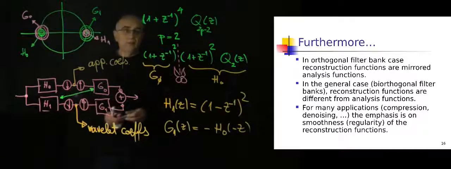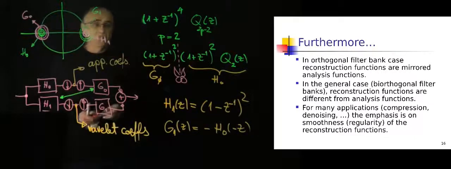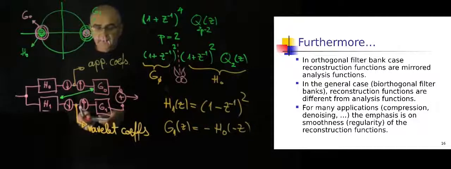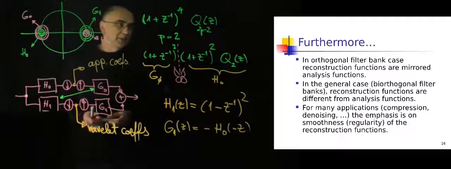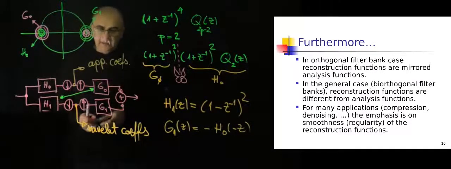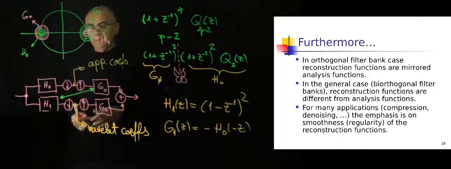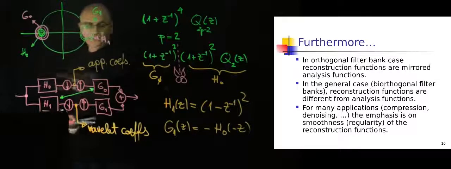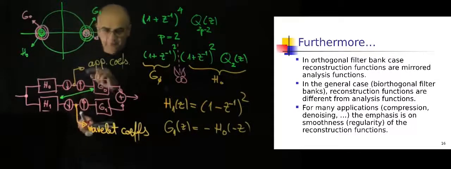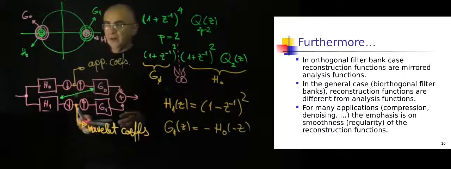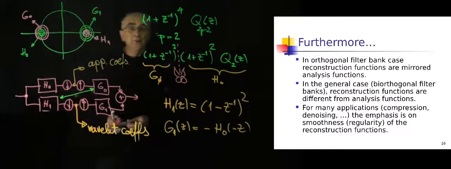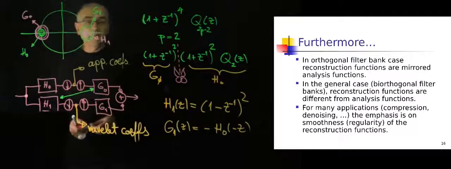So we have just recalled some facts about design of the wavelet filterbanks, and we have discussed the relation between zeros of individual filters in the low pass branch with the zeros of the individual filters in the high pass branch.